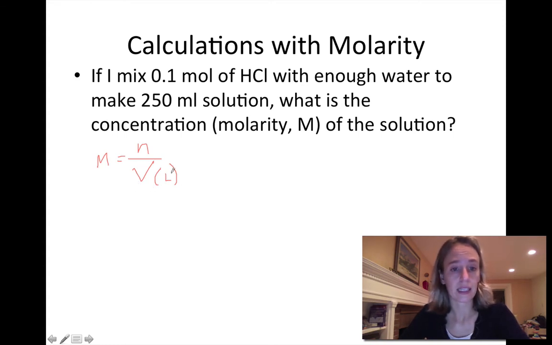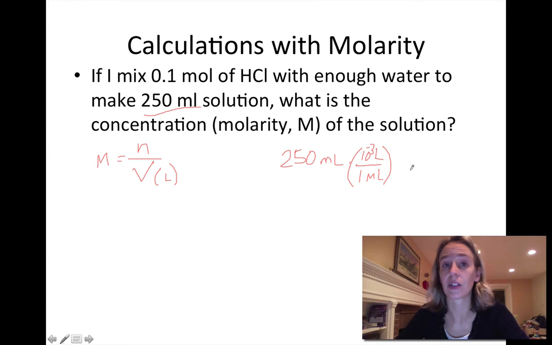Now, since this volume is in liters and our given volume is in milliliters, we're going to need to convert that. So 250 mL to liters. We want mL to cancel out, and we want to get this value in liters. One mL is equivalent to 10 to the minus third of a liter, and so that gives us 0.25 liters.